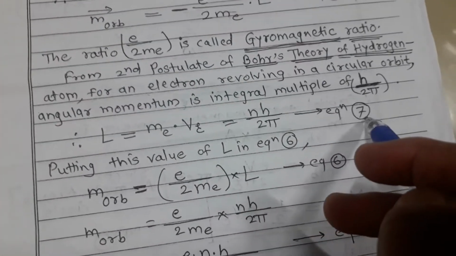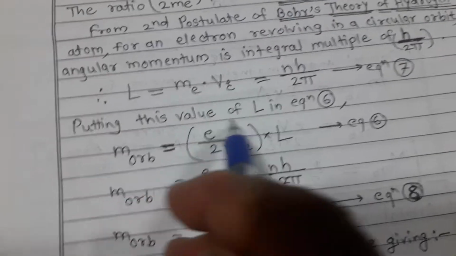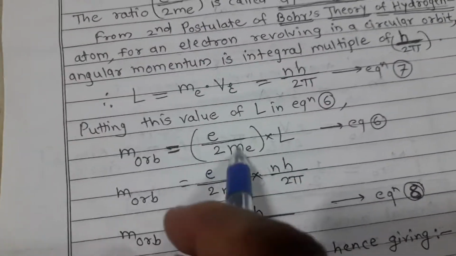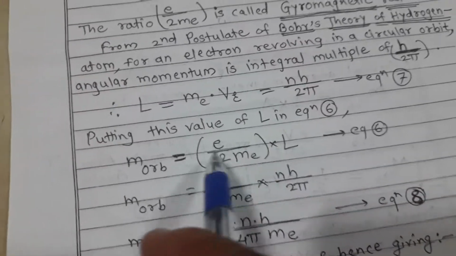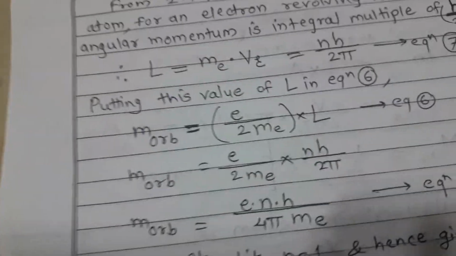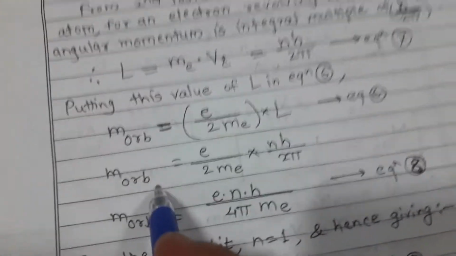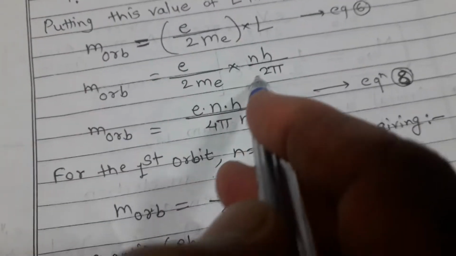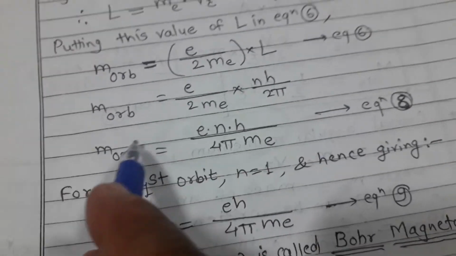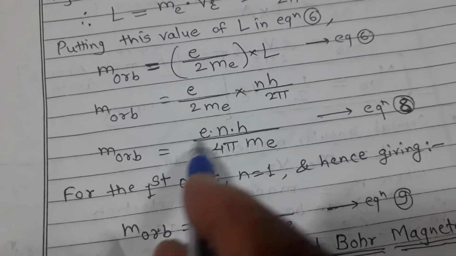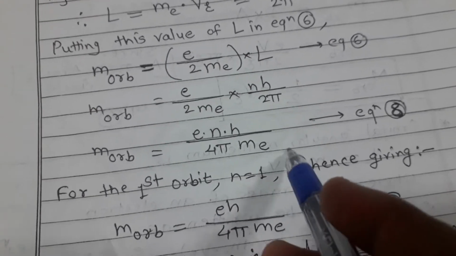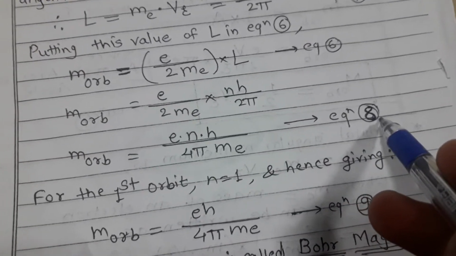Equation number 7. Putting this value in equation 6. Now see here equation number 6 is given as it is. Therefore, m orbital is equal to e divided by twice m e into n h upon 2 pi. Therefore, m orbital is equal to e into n h divided by 4 pi into m of e. Equation number 8.